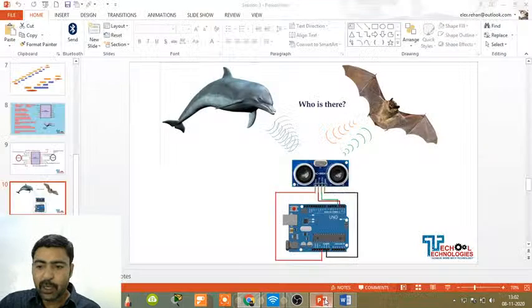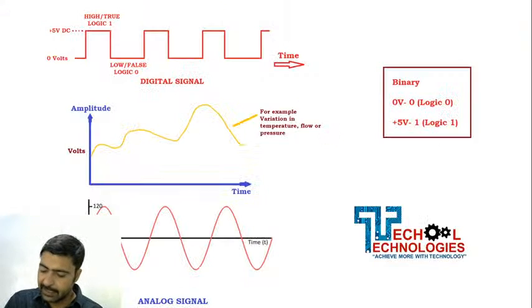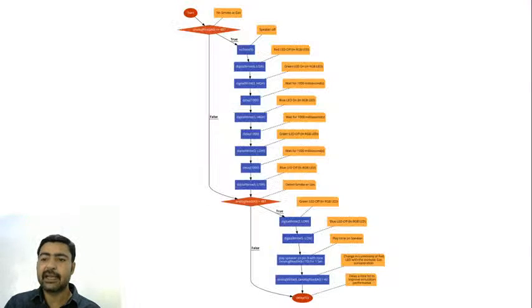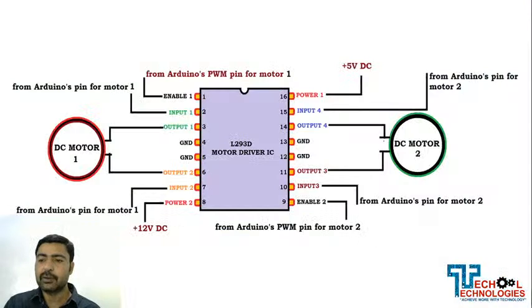Now moving to our L293D, there is one more pin I didn't tell you about before, which is the enable pin. As you see in the diagram, this is the enable pin. This enable pin is nothing but the analog input pin of the L293D. So we need to send the analog signal to this pin, and based on the analog signal, this driver IC will rotate the motor.